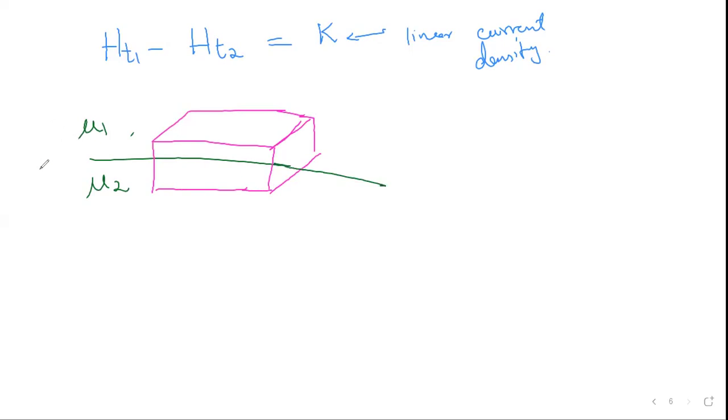Now what we are going to do, we are going to highlight the normal component Bn2 in the second medium and Bn1 in the first medium. This is some delta Z, and this is going to be some area.